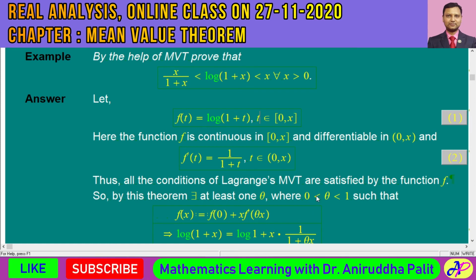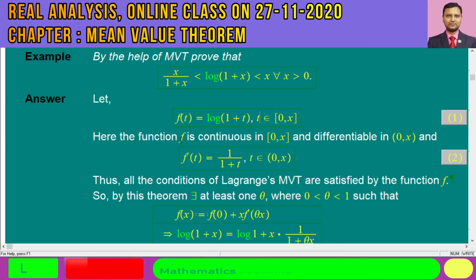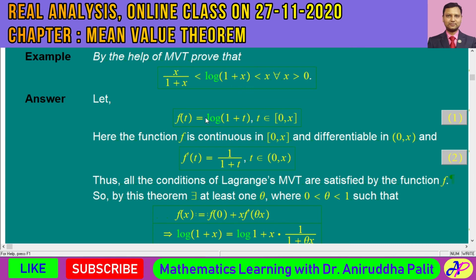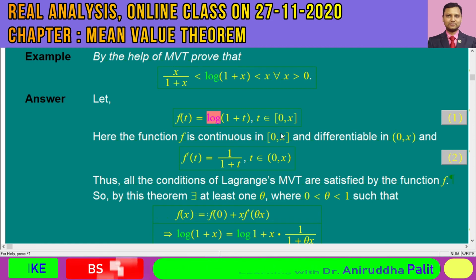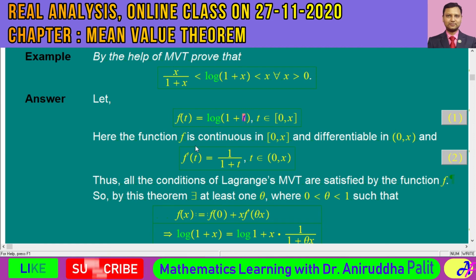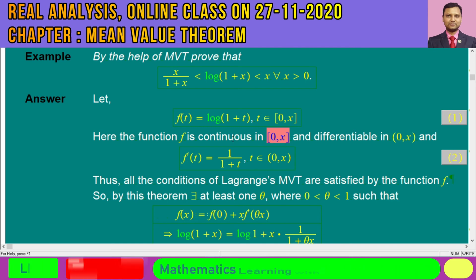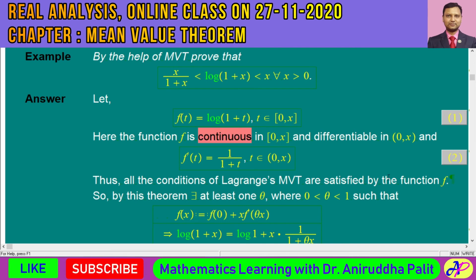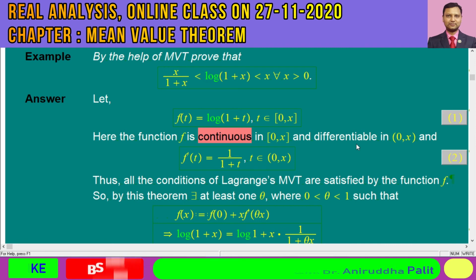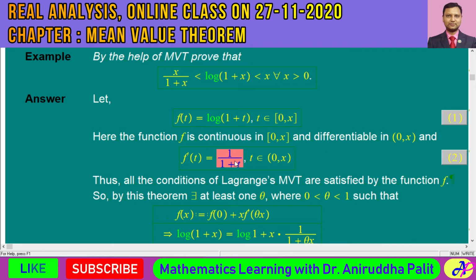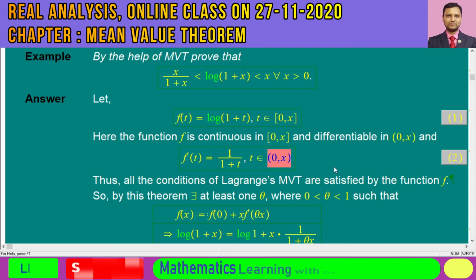All right. We know that the logarithmic function is a continuous function for all values of t, so within the interval 0 comma x it is continuous. Next, we can always differentiate it, and its derivative is 1 by 1 plus t for t belonging to the open interval 0 comma x.